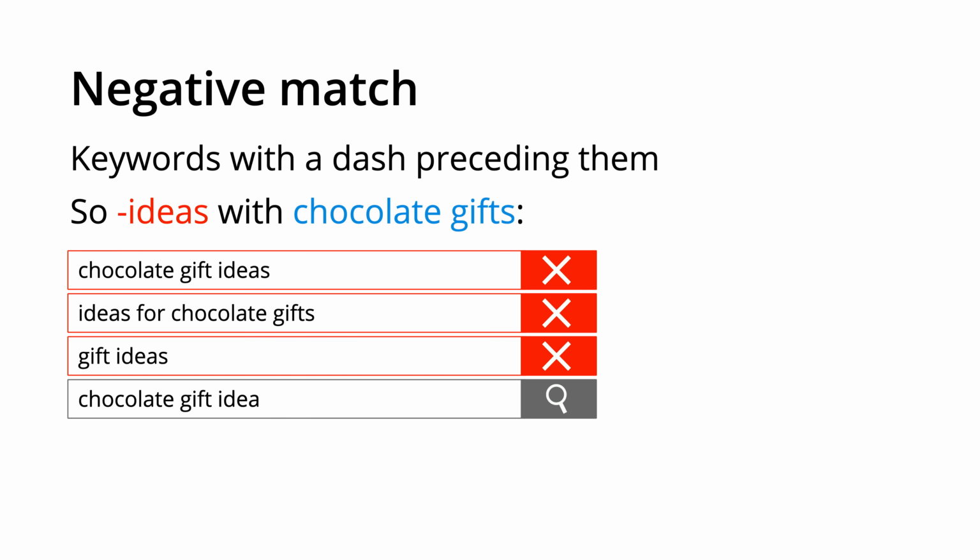If you don't want your ads to show for idea singular and ideas plural, you will have to add both of these as negative keywords in Google Ads. This is because negative keywords don't work in the same way as broad match keywords. You need to be precise with negative keywords.